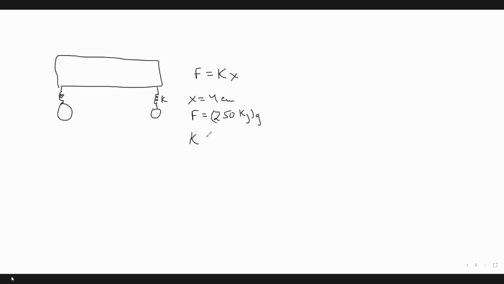then k for those springs must be equal to 250 times g divided by 4 centimeters. So my k, did I do that right?